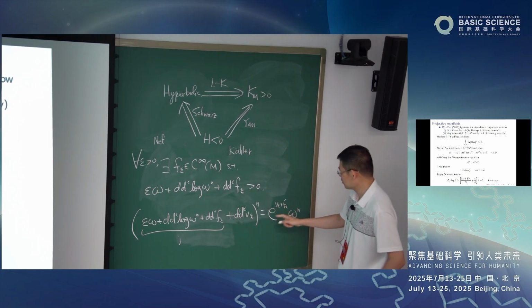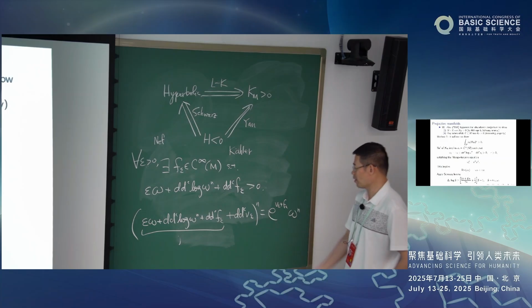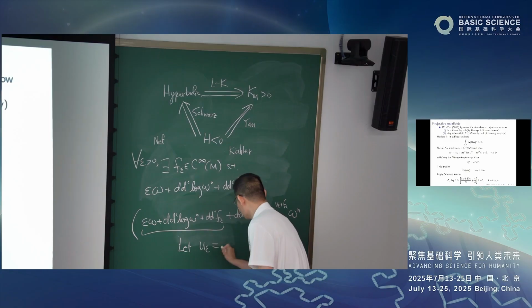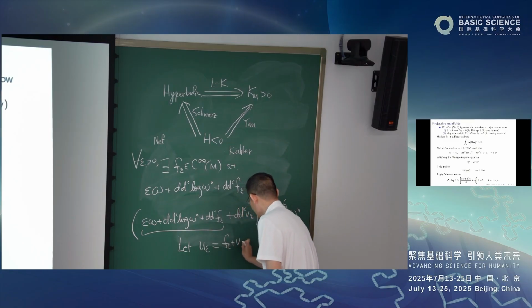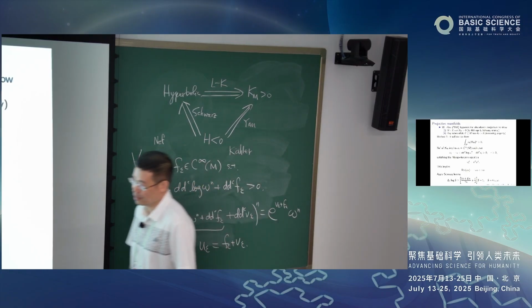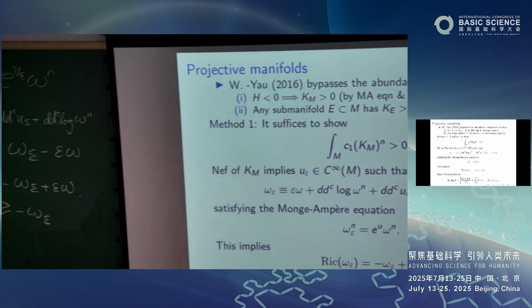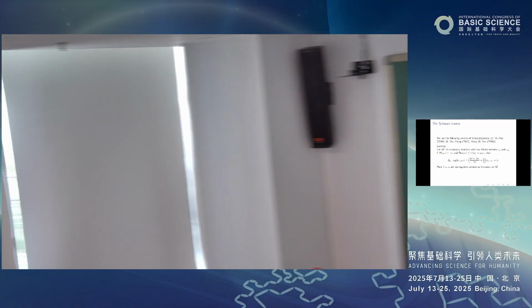F is given. Solve V. Once you solve V, now you set U epsilon equal to F. But later on, I'm going to mention that actually we don't need this method. We can bypass this by completely using non-geometric equation techniques. So I'm going to mention it in a few slides.